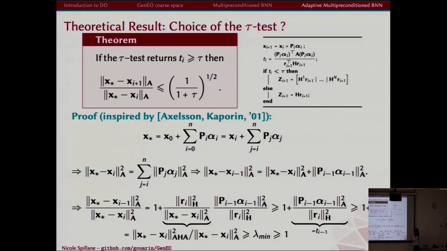You do use, quite crucially, the fact that you have a Rayleigh quotient, which makes the smallest eigenvalue of the preconditioned operator appear, and then you replace that by 1. Then you have another term in the bounds for the ratio between the two errors, and this one you don't really know what to do with, so this is what you plug in as your Ti and see whether it is smaller or larger than tau.